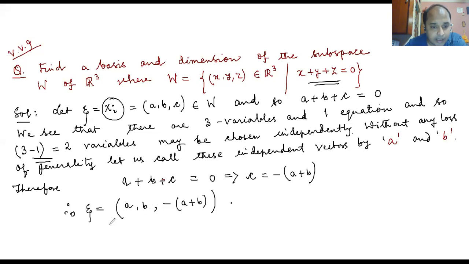Now you see, if you want to extract out, by seeing this element, you see that this element is the sum of the first two elements. So obviously this vector is the sum of two different vectors. So what I can do is separate the two vectors in the following manner, and this step is very important.